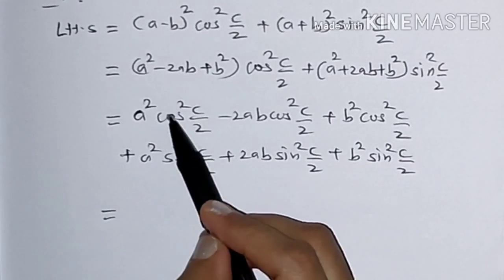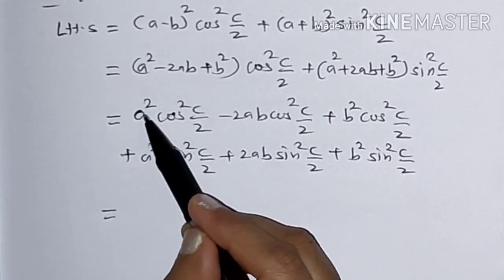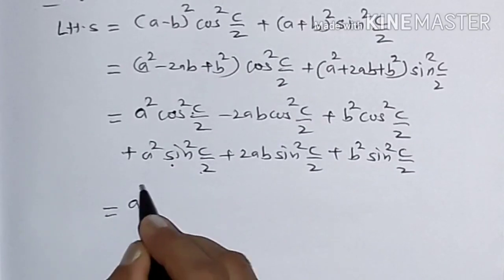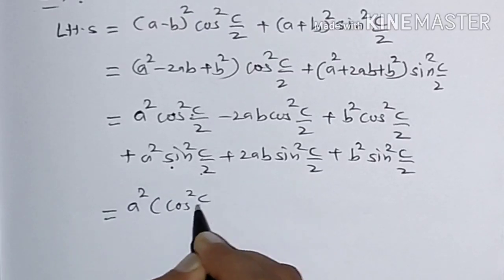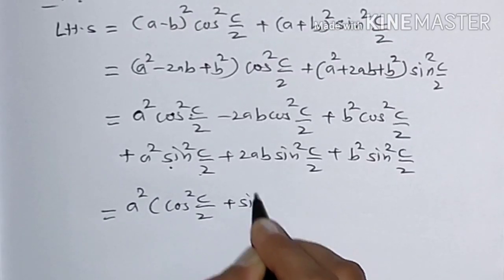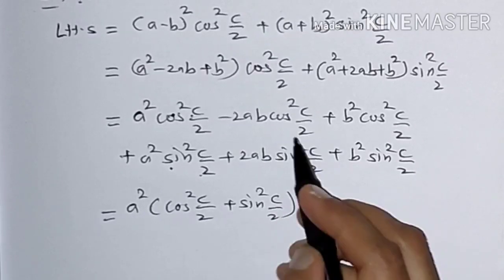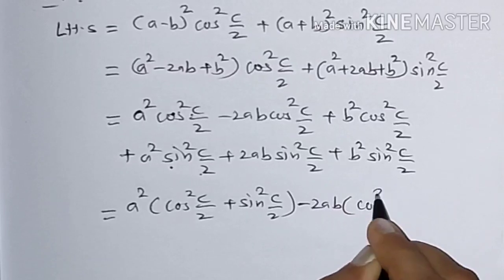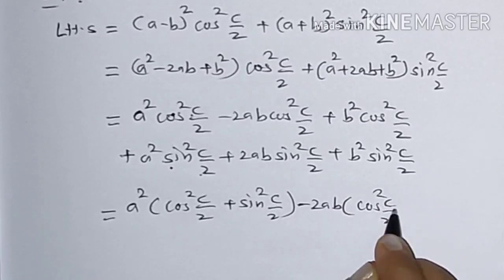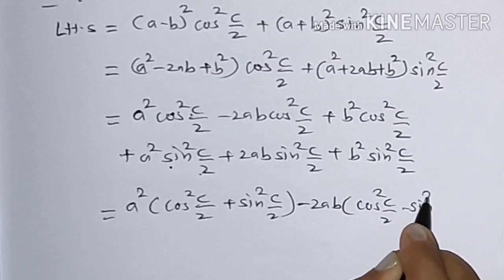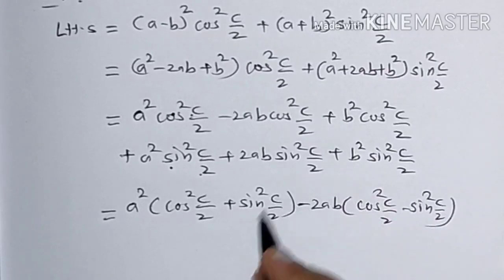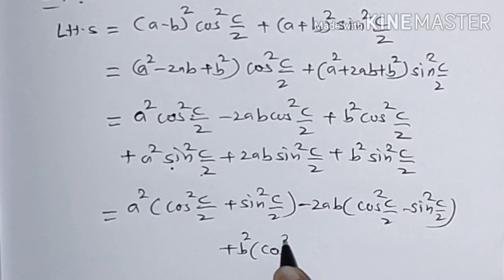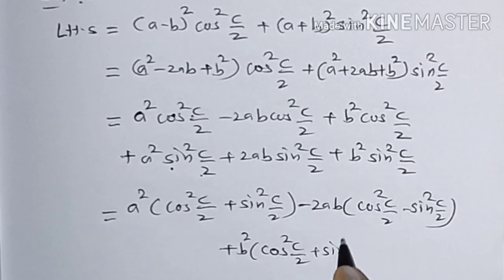So you'll observe that when we add these terms, we get a square common: a square into (cos square C by 2 plus sin square C by 2). For the middle two terms, we can take minus 2ab common, so we have (cos square C by 2 minus sin square C by 2). And for the next two terms, again we can take b square common: (cos square C by 2 plus sin square C by 2).